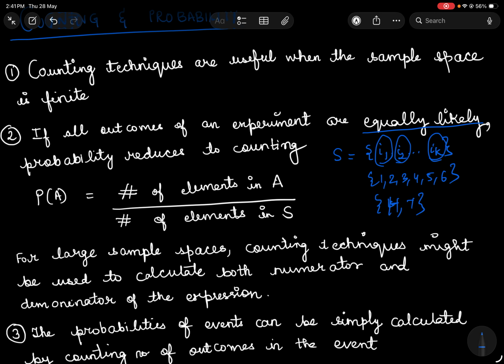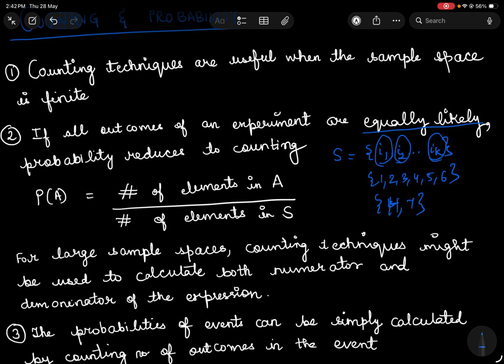Now, I can say that the outcomes of an experiment are equally likely when any of these can happen, and it's not that any one particular outcome is more likely than other. Like when I roll a die, any of the six numbers can come. I can't say that there are more chances of 6 to come, or more chances of 1 to come, unless the die has some issue.